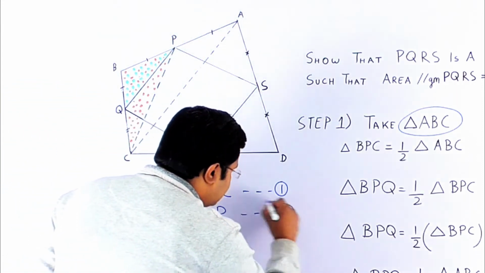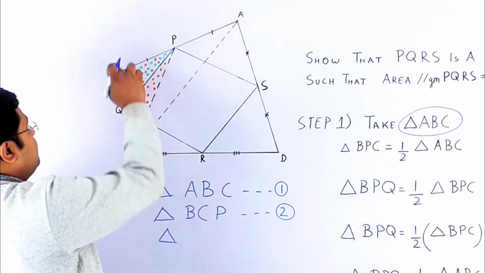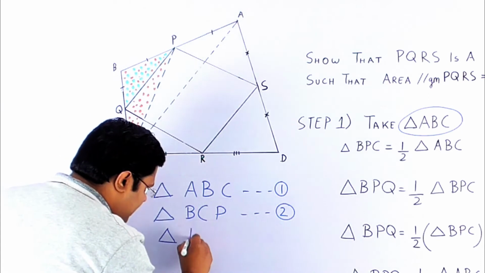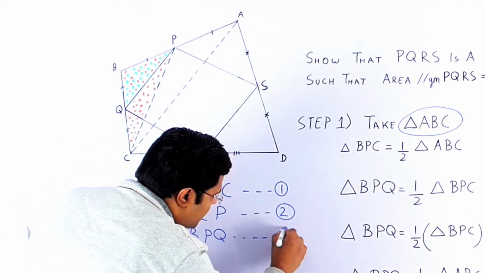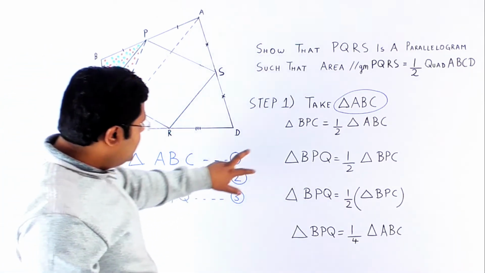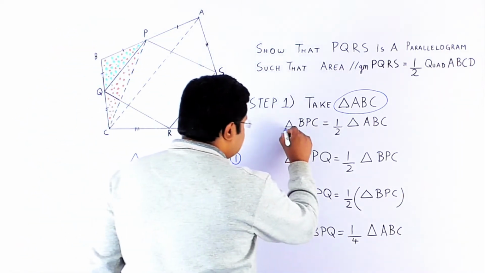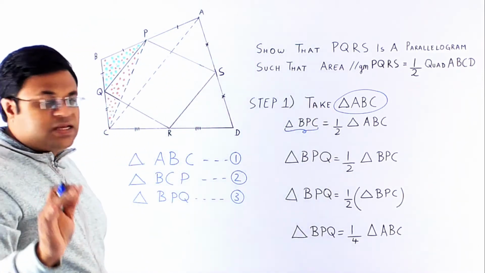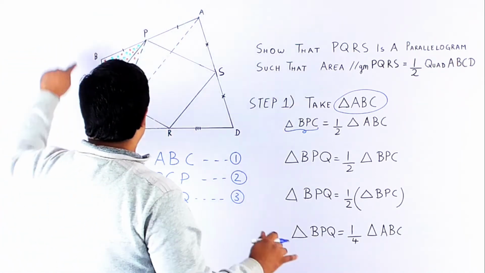And the third triangle to consider is triangle BPQ. So what we can say is that the first triangle BPC is equal to half of triangle ABC.